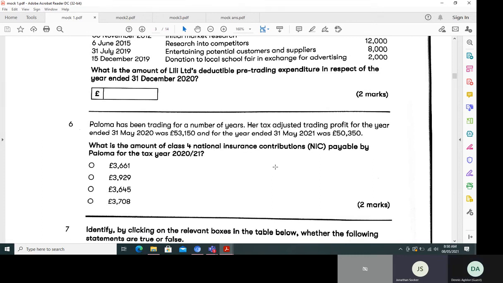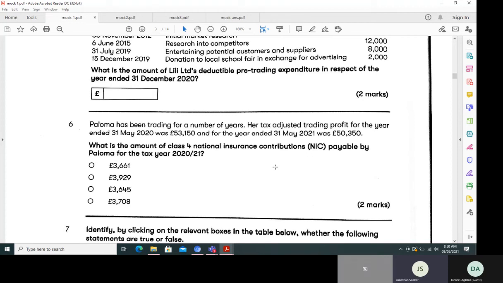Class 4 is calculated for which class of taxpayers? The self-employed. And it's on what figure? Adjusted trading profit.